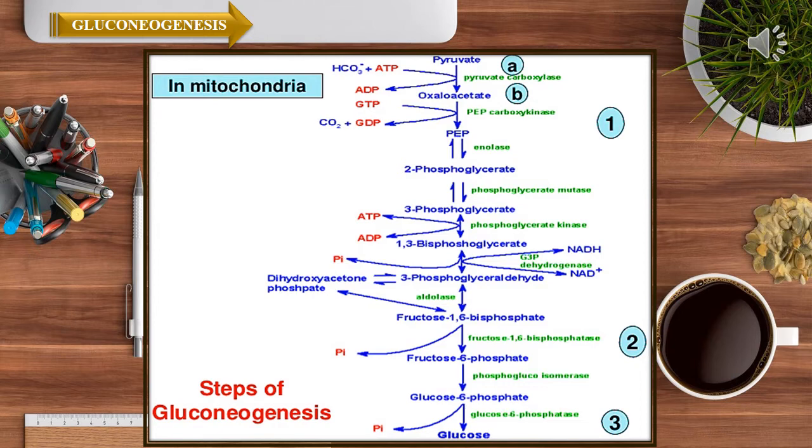In the primary pathway, pyruvate is converted to oxaloacetate, then to phosphoenol pyruvate, then 2-phosphoglycerate, 3-phosphoglycerate, 1,3-biphosphoglycerate, 3-phosphoglyceraldehyde and dihydroxyacetone phosphate, fructose 1,6 biphosphate, fructose 6-phosphate, glucose 6-phosphate and glucose. Only 3 steps are different from the glycolysis pathway, while the others are similar. Go through the glycolysis pathway before going through this pathway.